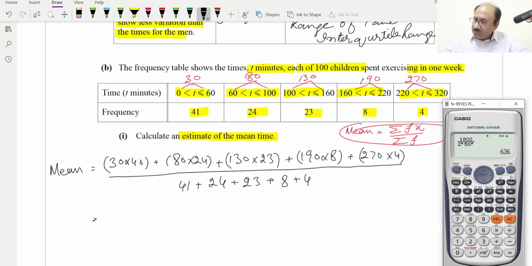For the calculator, we can write a fraction.